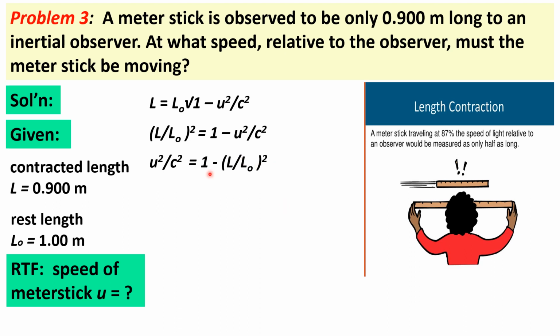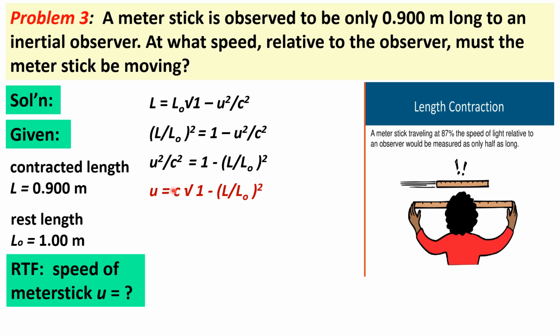So next step is to also transpose c squared to the right side of the equation, and then getting the square root of the two quantities.